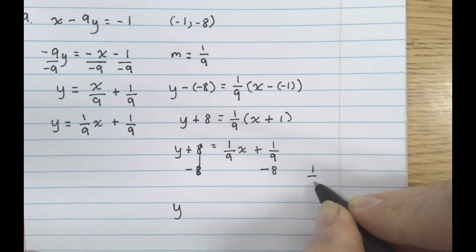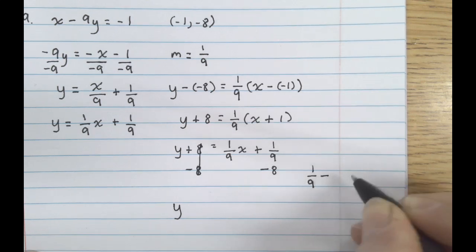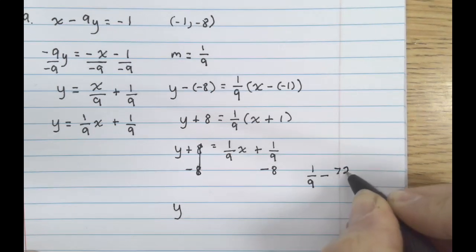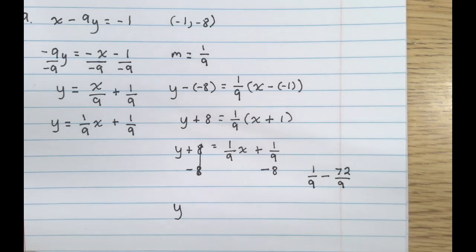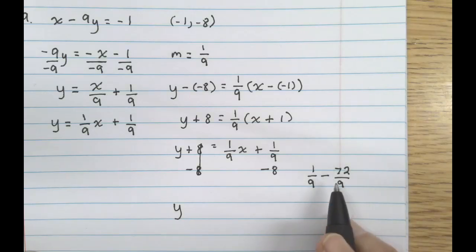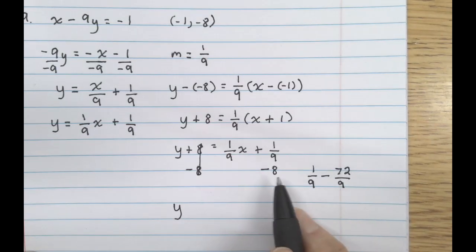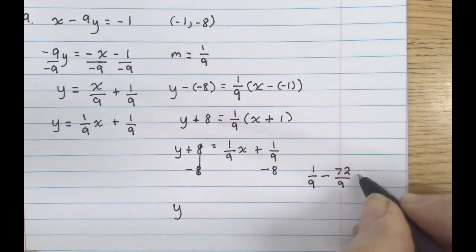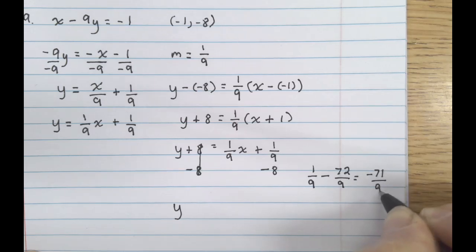So what I'm going to do is 1 over 9 minus 72 over 9. Because 72 over 9 is the same thing as 8. Or minus 72 over 9 is the same thing as minus 8. And now you can see that the answer is going to be a negative 71 over 9.